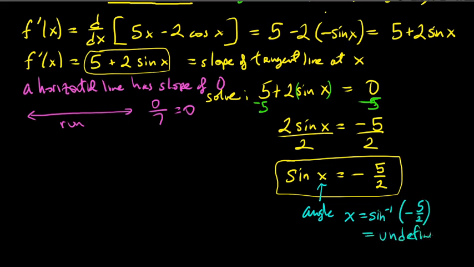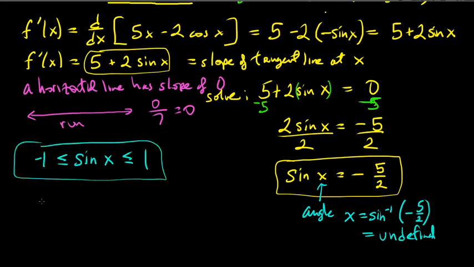It's undefined. If you remember, the range of the sine function is between negative 1 and 1. So negative 5 over 2 is negative 2.5. Negative 2.5 is less than negative 1.